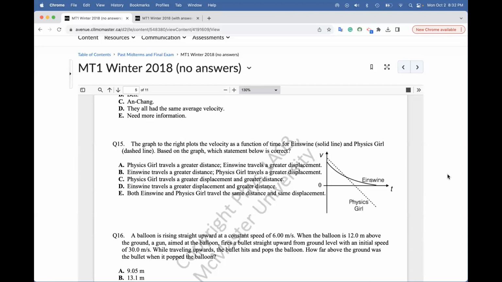So from a velocity time graph, how do we figure out the distance? Velocity is displacement over time. We have to figure out the position time graph, right? So we have to work backwards. So I'm just going to try to draw that out. So for physics girl, it's a negative linear slope, a frown.